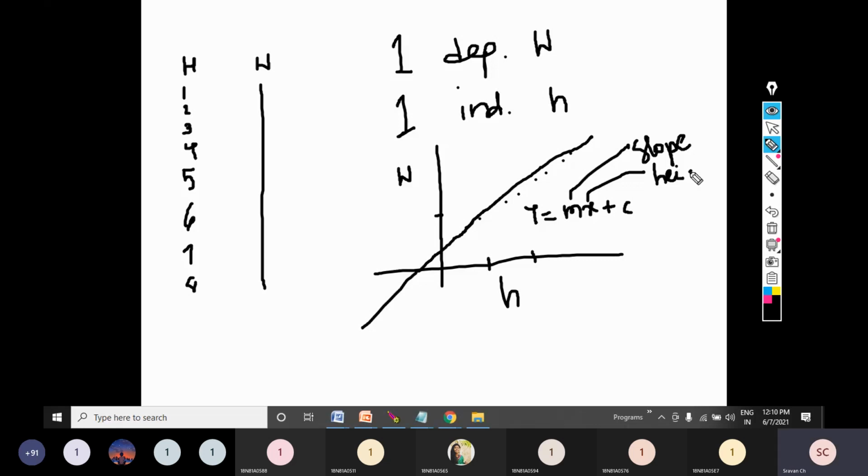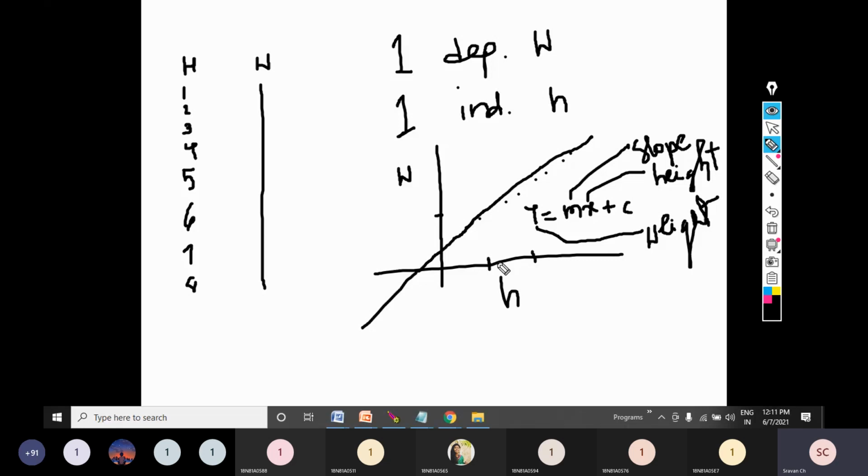And y is my dependent variable, which I want to actually calculate, which is weight. So I say my machine learning model, my program, is predicting the weight for a given height. That is possible because I have studied these 200 examples.